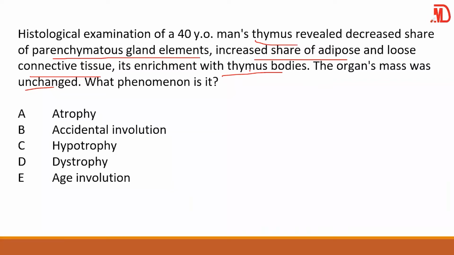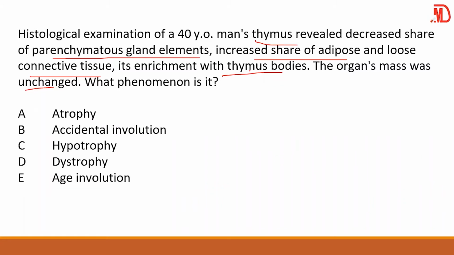So over here, simply put, everything is matching with the age of the person. Assuming this person was a baby and the gland is reducing, then there is a problem. But over here, we can simply say this phenomenon is called age involution.